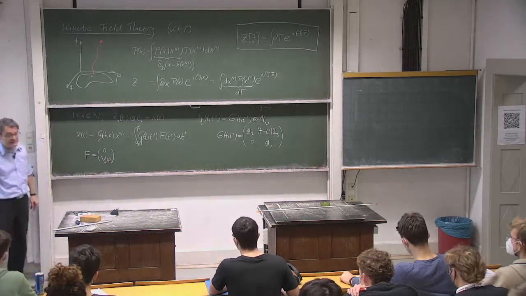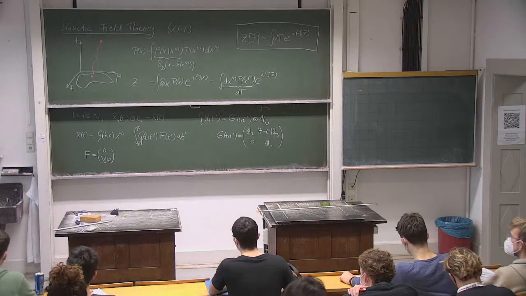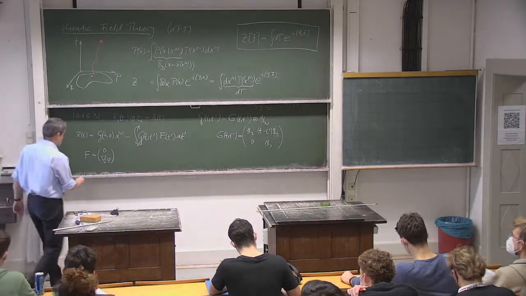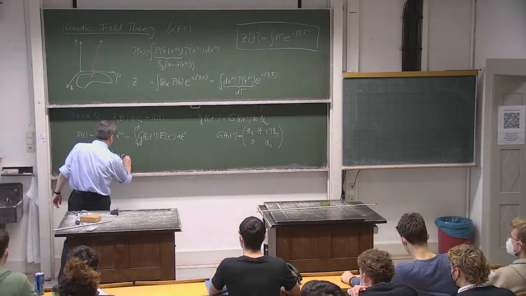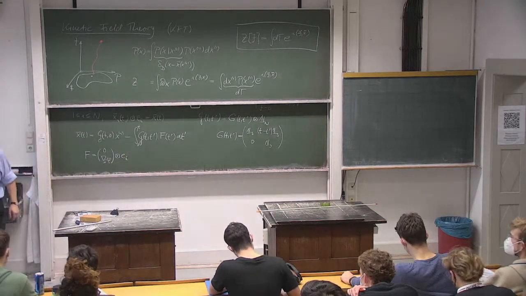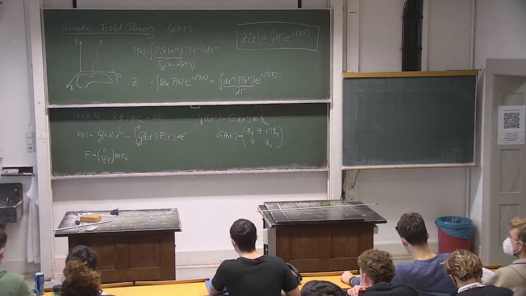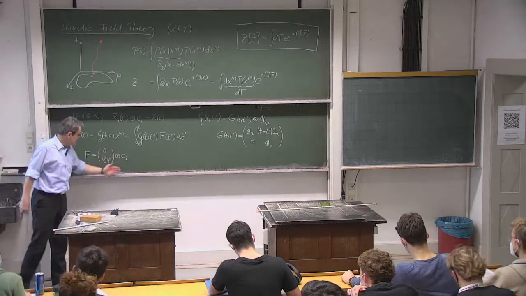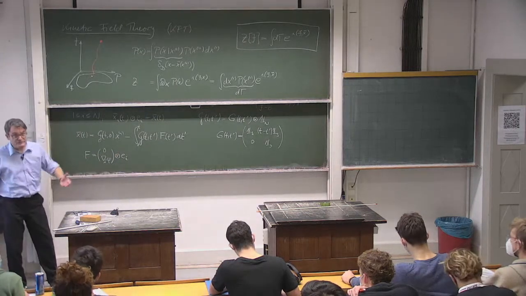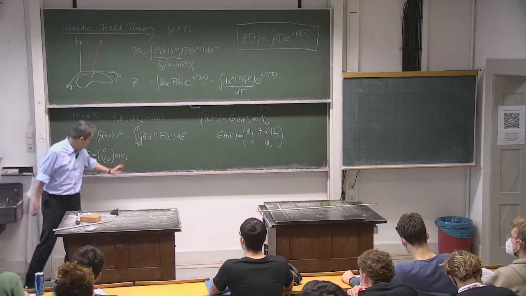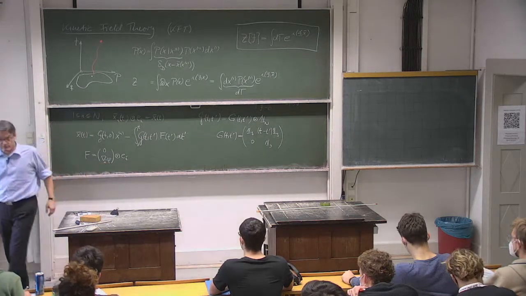So I have to take the gradient here with respect to the position of particle I. And this will act on particle I only. And the complete tensor of forces acting on all the particles together is now this object here.